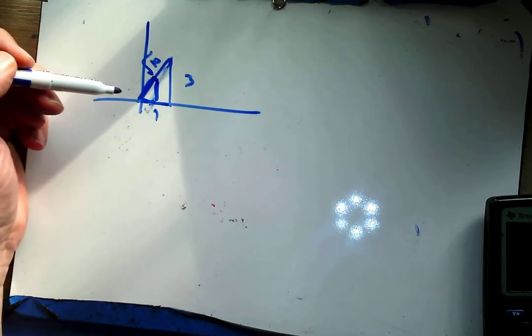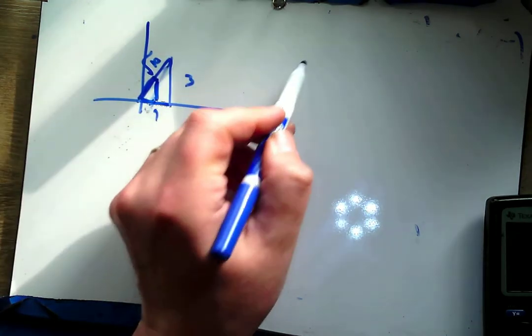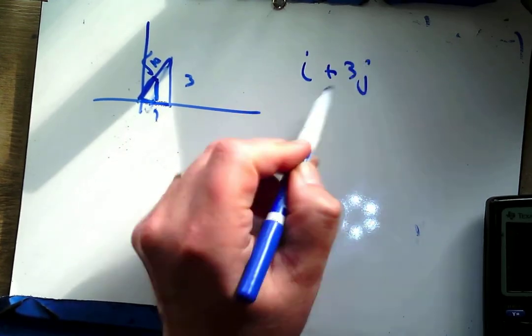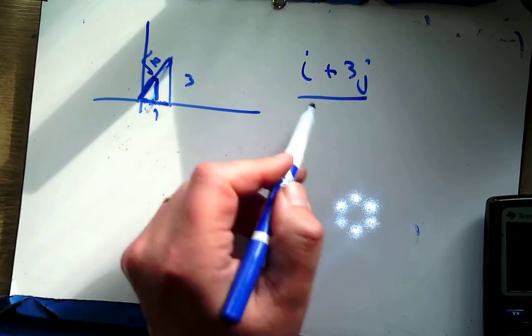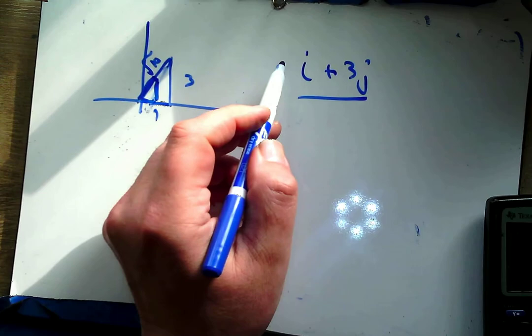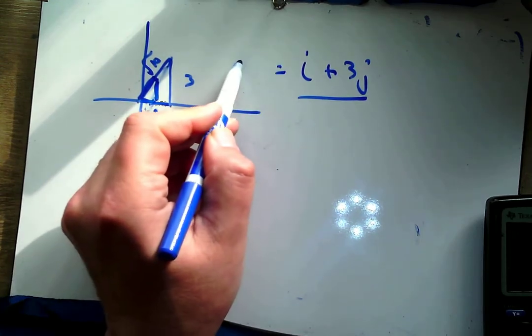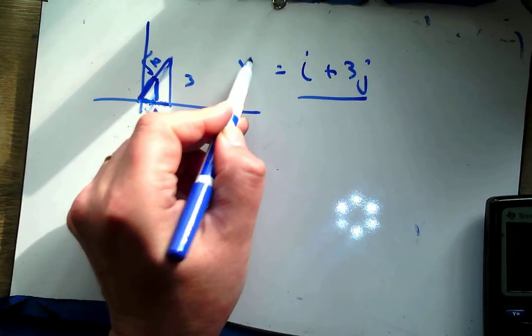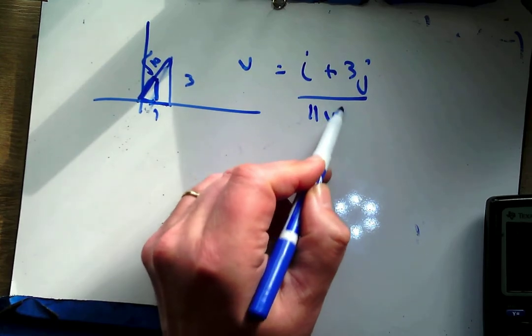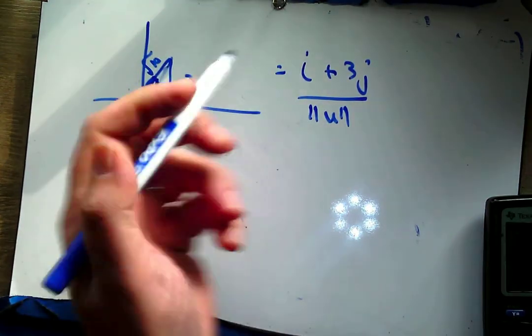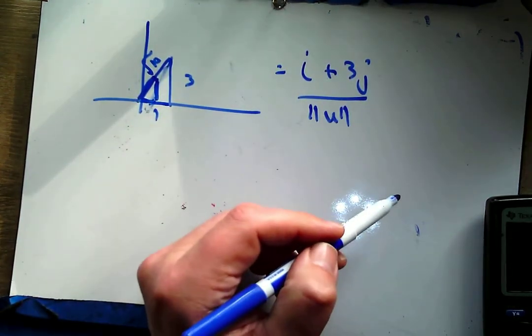All right, so let's think about this. Well, I know that i plus 3j divided by, let's call that vector u, the magnitude of u, now I'm going to have the unit vector in that direction.